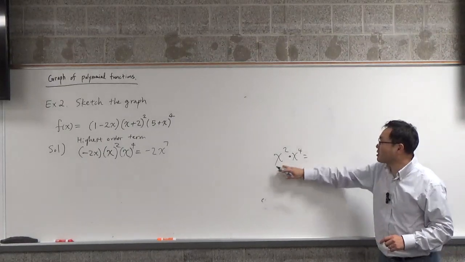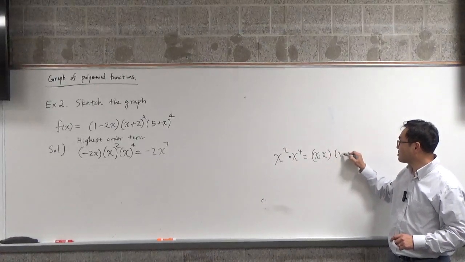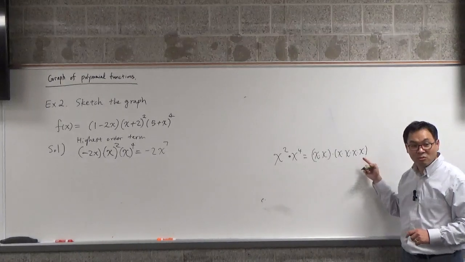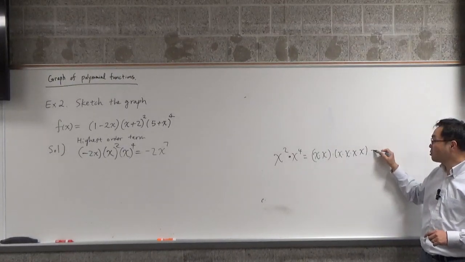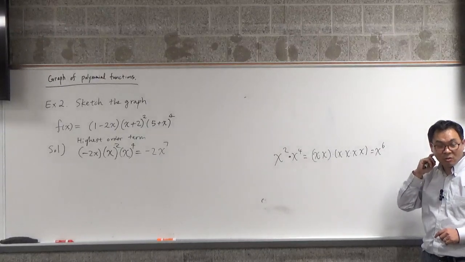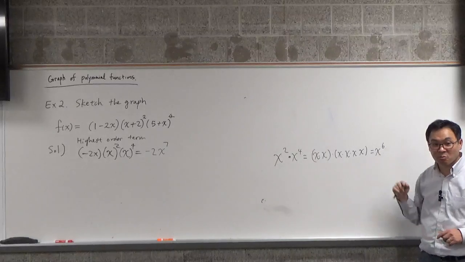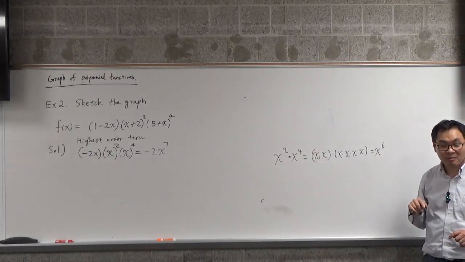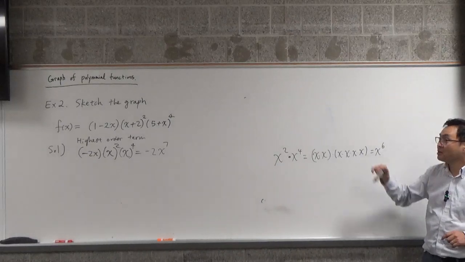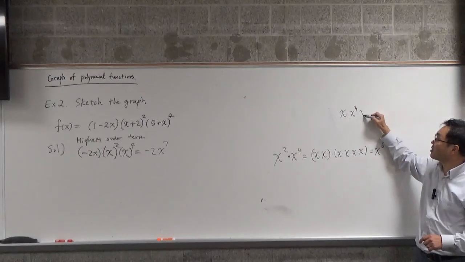See, if you do x squared times x to the fourth, that's x times x times x times x times x times x, right? How many x's did you multiply? You multiply x 6 times. So when we do the multiplication, we end up adding the exponents. How did we end up with x6 last time? Highest order term. Last time it was x times x cubed x squared, right?